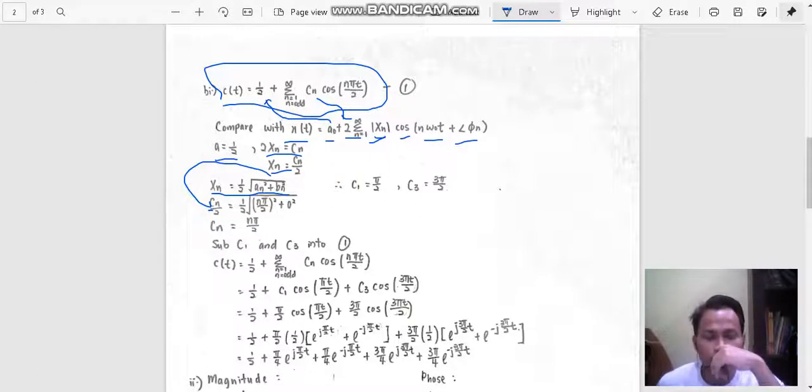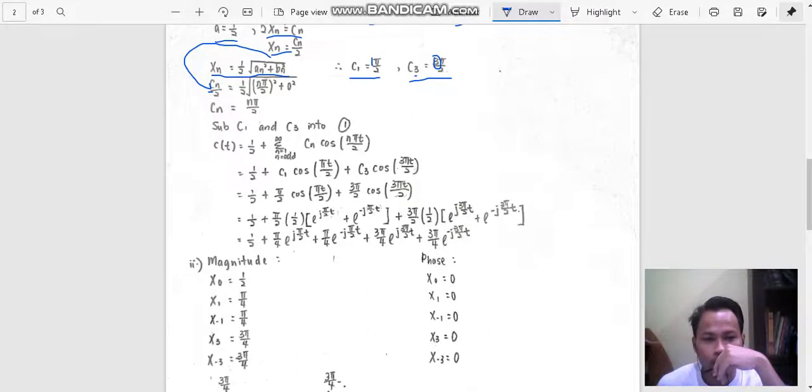We plug in the value of an that we already compared before, and we get C1 equal to pi over 2 and C3 equal to 3 pi over 2, because as we calculated, Cn equal to n pi over 2. So for C1, n is 1, so it is pi over 2, and for C3, n is 3 and it becomes 3 pi over 2.